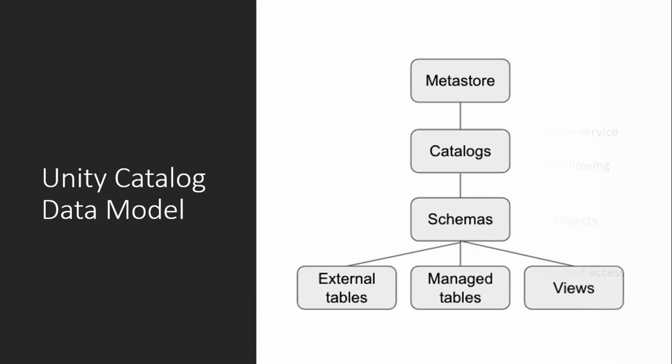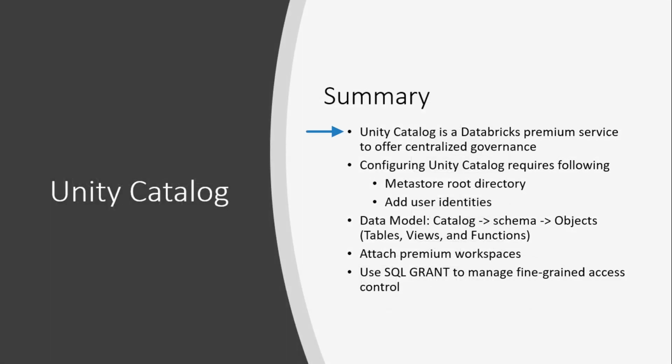Let me quickly summarize. Unity Catalog is a Databricks premium service. It offers you centralized data governance. Configuring the Unity Catalog requires creating a root directory and a metastore. You must also bring your users and other identities to the Unity Catalog. Once you have your Unity Catalog set up, you can create different catalogs, databases, tables, and views.